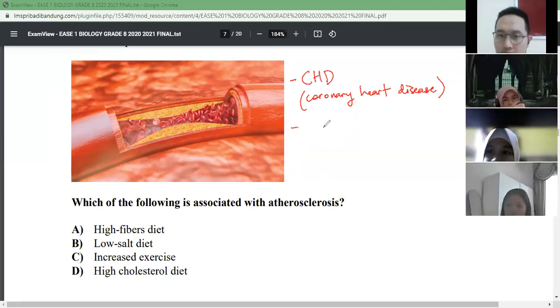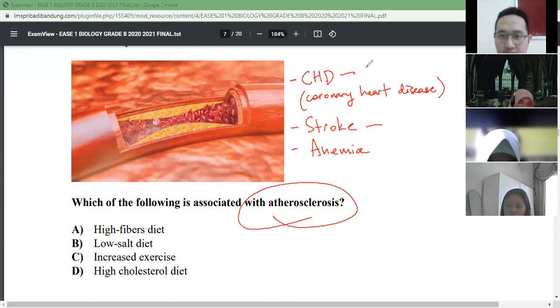The next one is stroke. The other one is anemia. CHD and stroke, the cause is the same, which is atherosclerosis. The cause, penyebab ya, atherosclerosis.